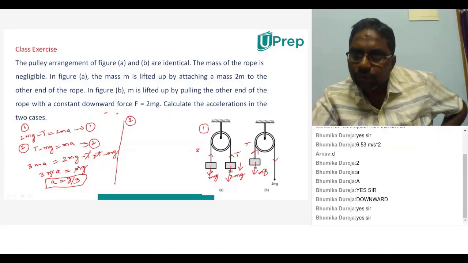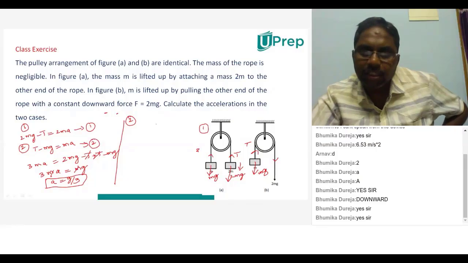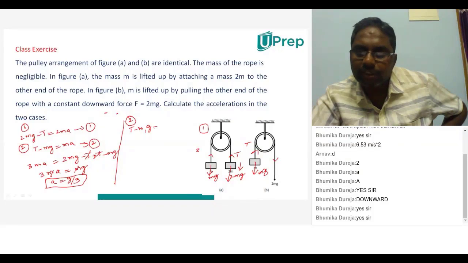Now what can I write here? m1g. As it is moving up, T minus m1g is equal to m1a, or m only. So T minus mg is equal to ma. Is the second object there here?